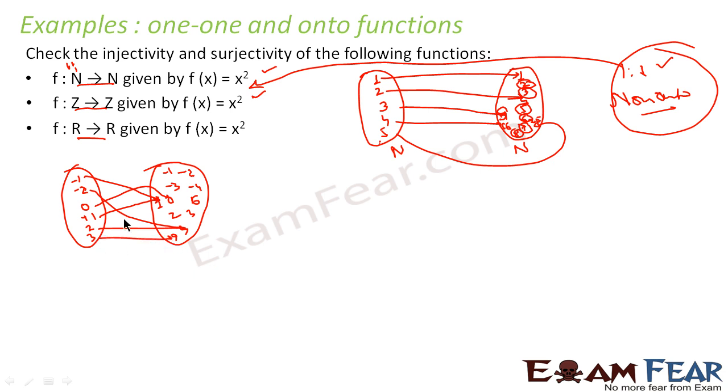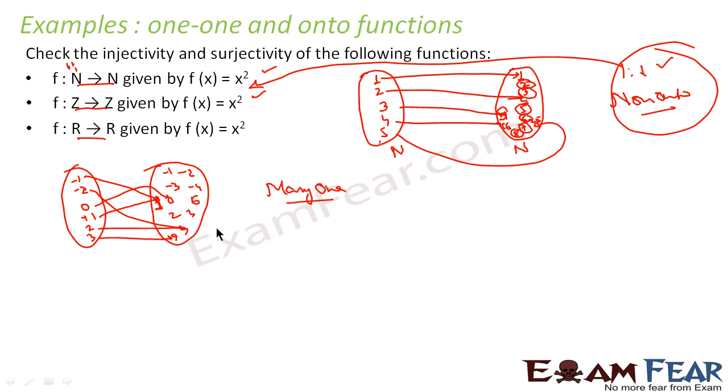So if you see here also, for 1, there are 2 inputs, -1 and +1. For 4 also, there are 2 inputs, -2 and +2. So there are 2 pre-images for 1, there are 2 pre-images for 4. That is, there are multiple pre-images for numbers. So it is not one-one. So it is many-one.